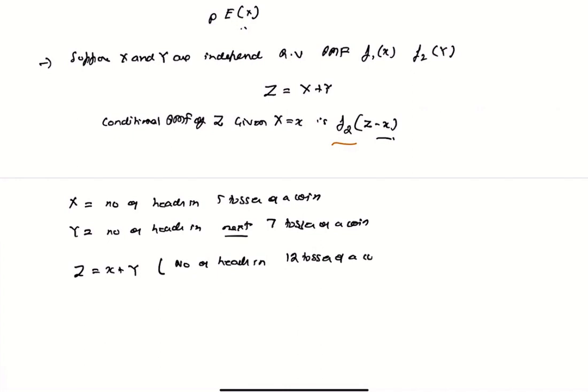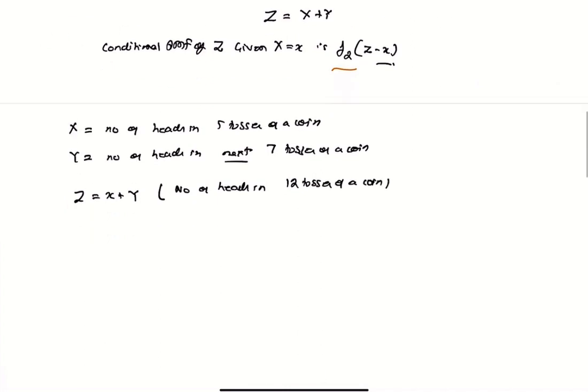Now, probability of Z given X is equal to little x.